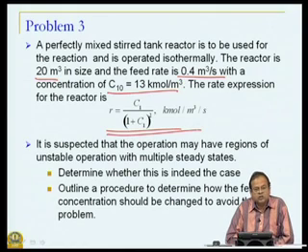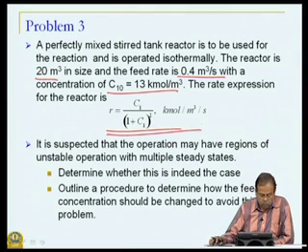The question is, it is suspected that the operation may have regions of unstable operation with multiple steady states. Determine whether this is indeed the case. Outline the procedure to determine how the feed concentration should be changed, so that this problem does not arise.